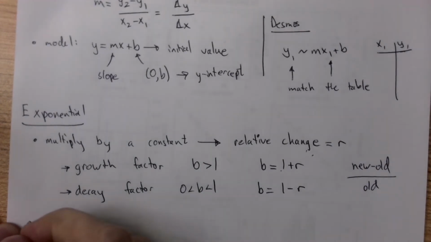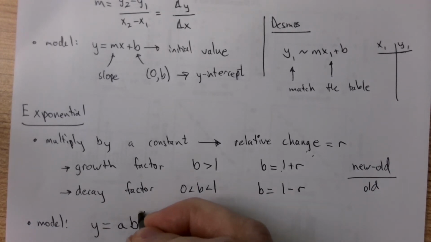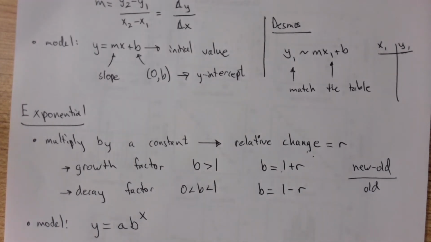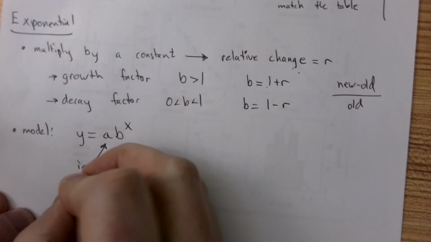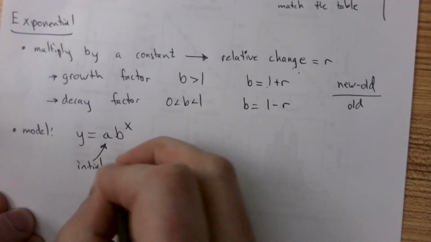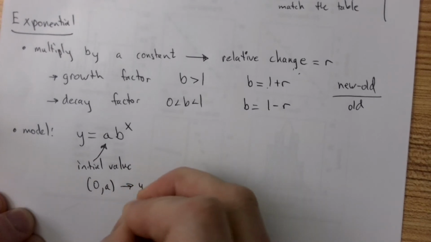So then the model, which I've already kind of stated here a little bit, with these b values I'm using, is y equals the initial value times some growth or decay factor raised to an x value. As I just mentioned, this a value is the initial value, also known as the y-intercept.